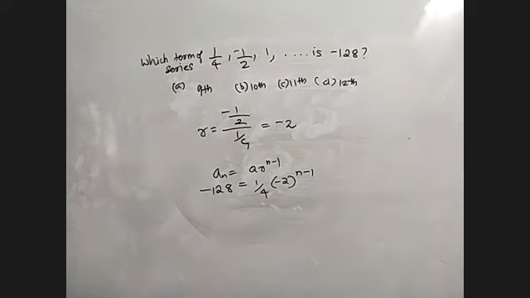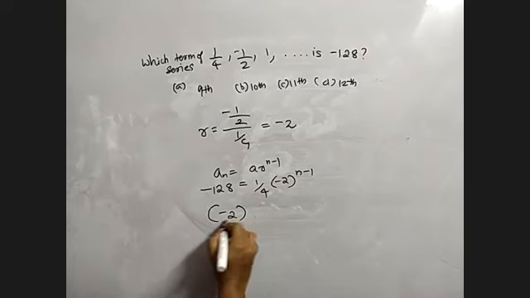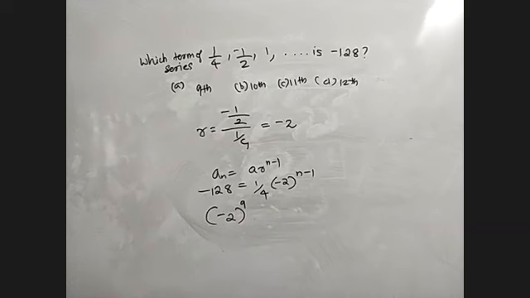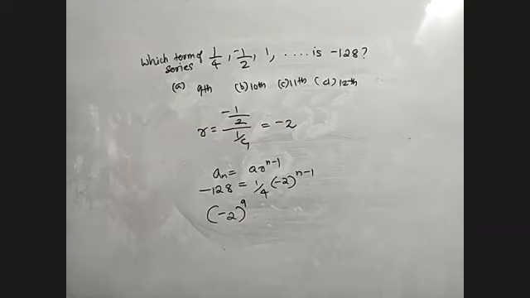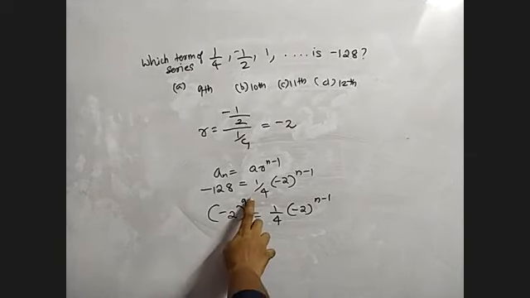This minus 128 can be written as minus 2 raised to 9, right? Minus 2 raised to 9. 64 into 2. So, no, 2 raised to not 9, no?